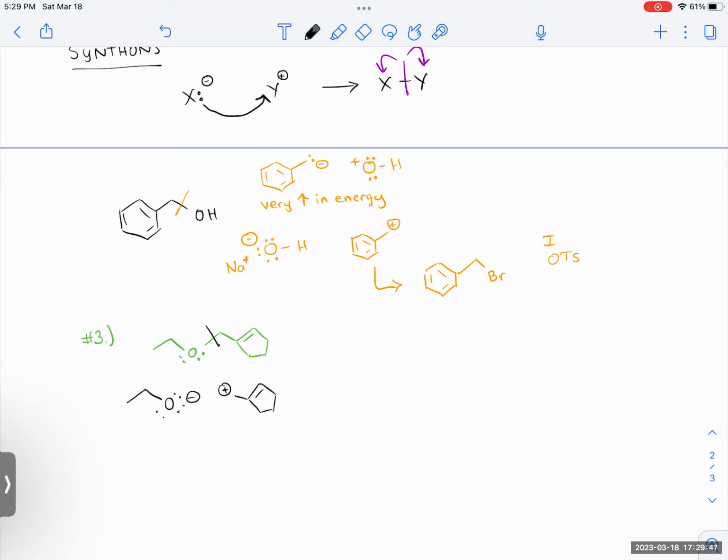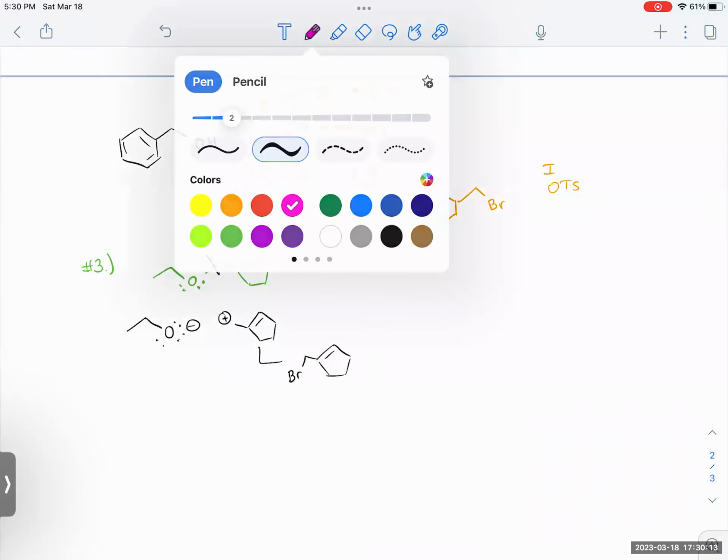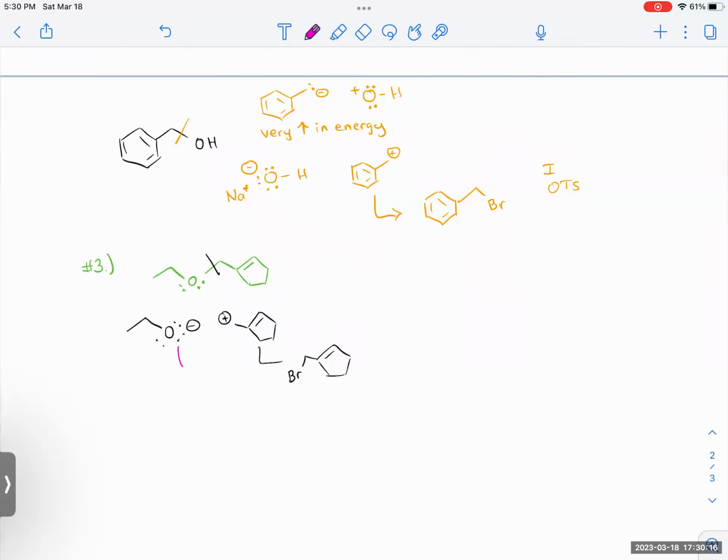But we are not done because we need to stabilize this by adding our leaving group. Bromine. And then these two would react. The electrons would attack that carbon. Bromine would say, see ya.